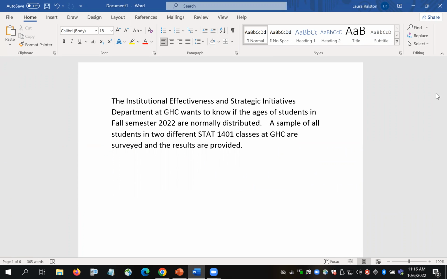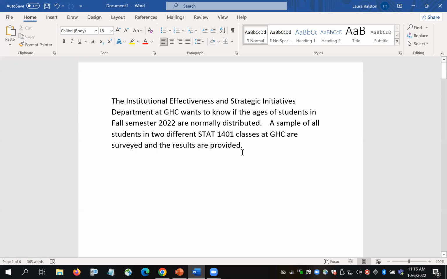So this question says, the Institutional Effectiveness and Strategic Initiatives Department at Georgia Highlands College wants to know if the ages of students in fall semester 2022 are normally distributed. A sample of all students in 2 different Stat 1401 classes at GHC are surveyed, and the results are provided.